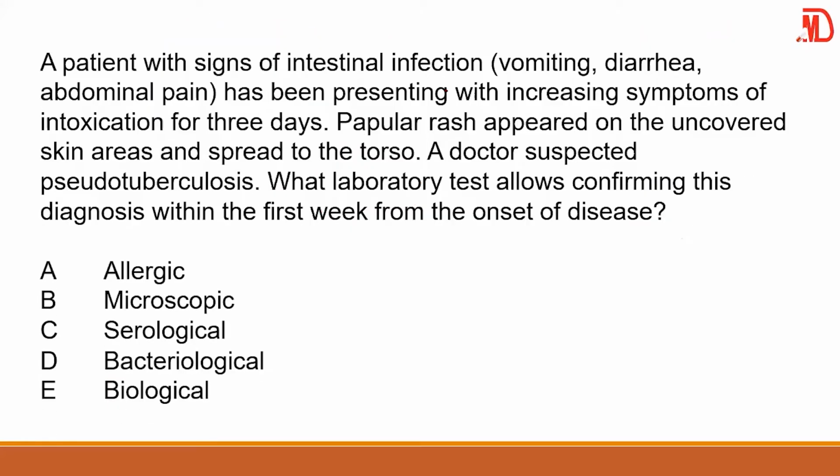A patient with signs of intestinal infection like vomiting, diarrhea, abdominal pain has been presenting with increasing symptoms of intoxication for 3 days. Papular rash appeared on the uncovered skin areas and spread to the torso. A doctor suspected pseudotuberculosis.